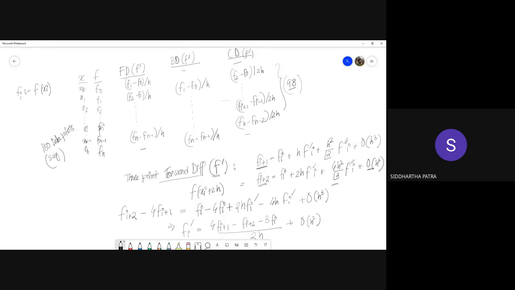So as you can see, this is a 3-point formula using the forward difference technique to get the first derivative, and it has the same order of accuracy as a central difference with 2-point formula.